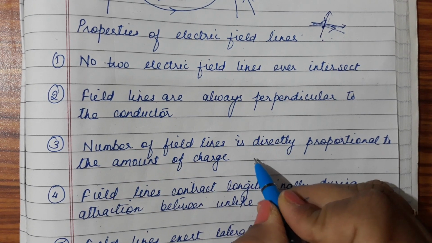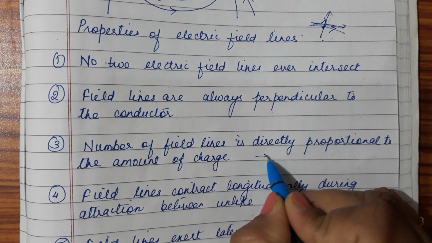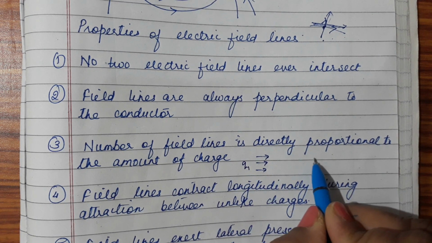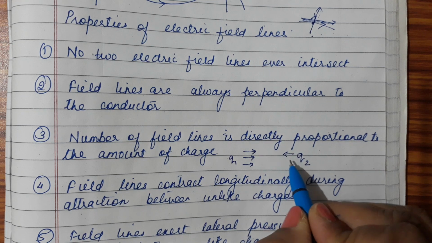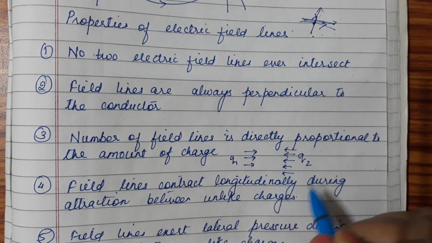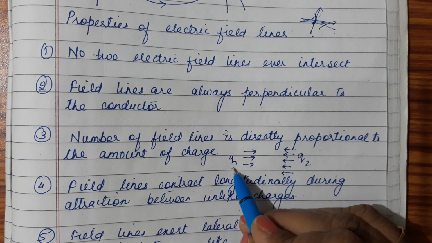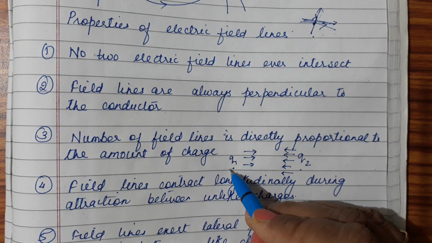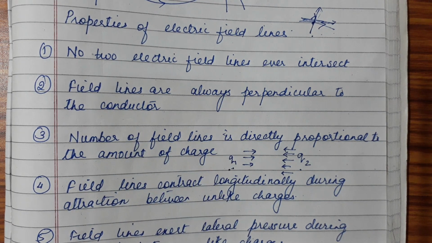Suppose you have three field lines coming from one charge, and there is another charge Q2 which is emitting 5 field lines. So what does it mean? That Q2 has more charge as compared to Q1. So the number of field lines is directly proportional to the amount of charge.